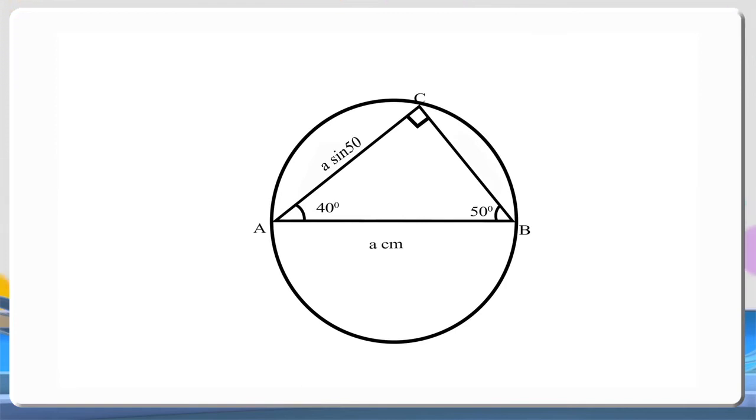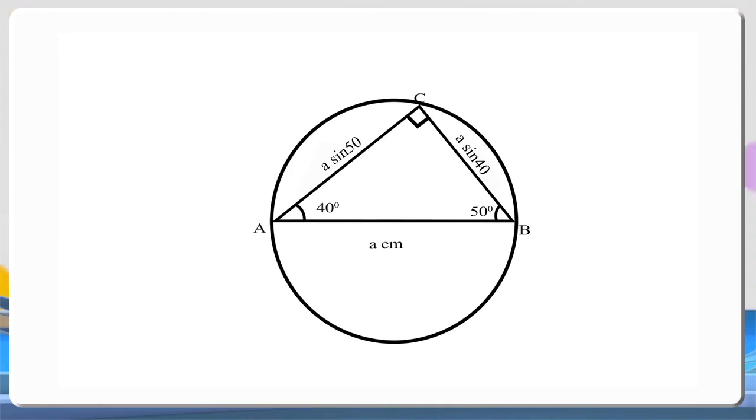From here, you should understand, to find one side of a triangle, multiply the circumdiameter with sine of the opposite angle. Similarly, we can find CB by multiplying a and sin 40. So, CB equals a sin 40.